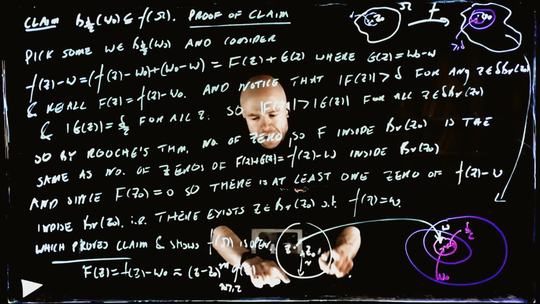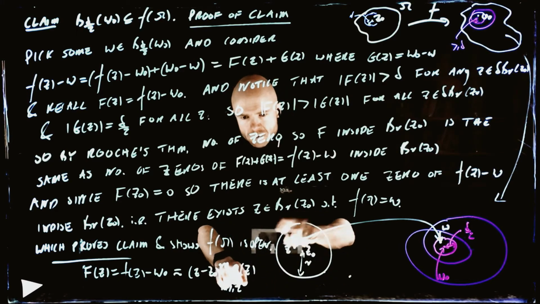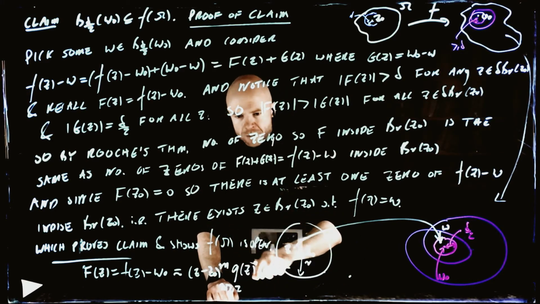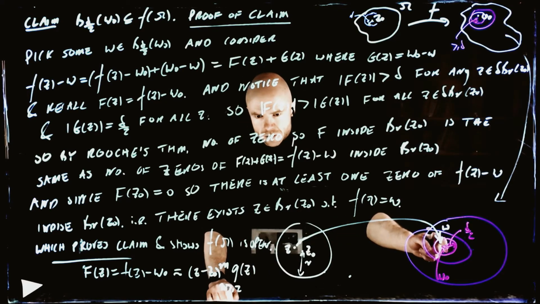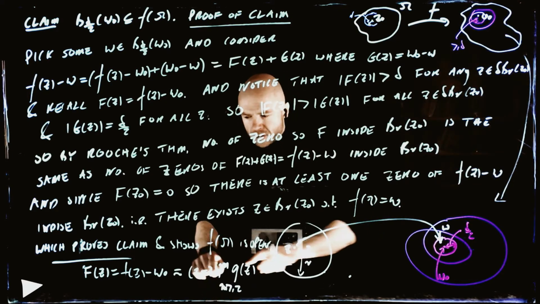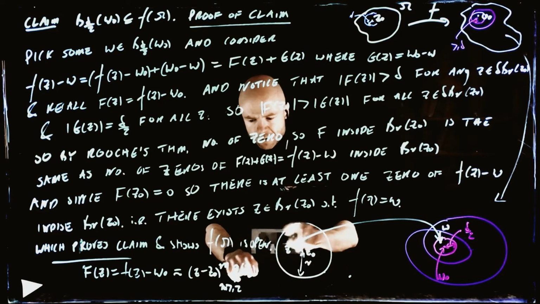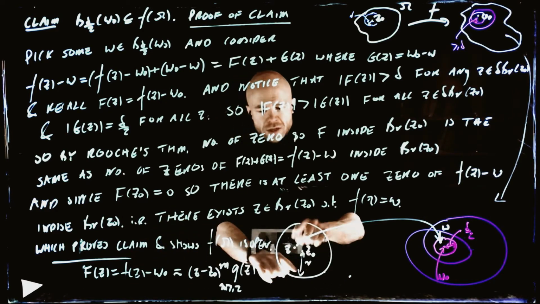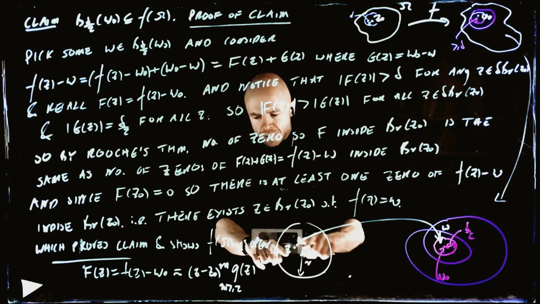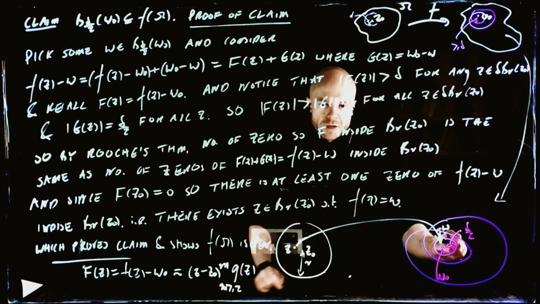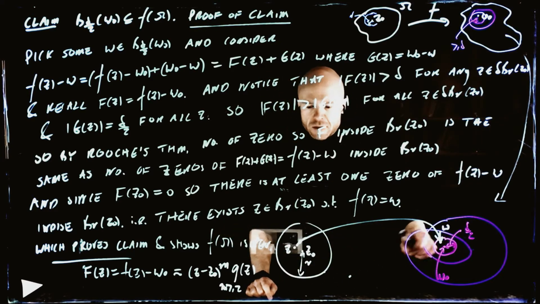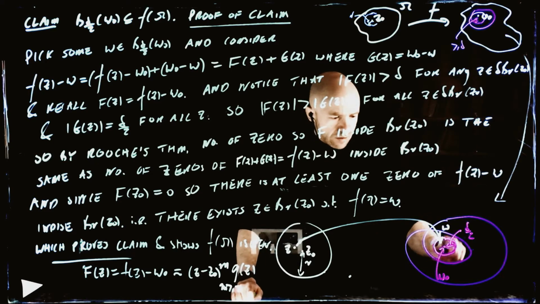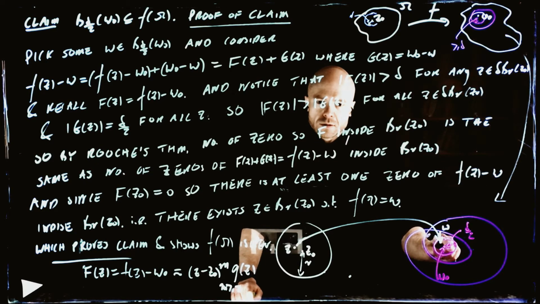So it's taking this ball and wrapping it around m times, and then sticking it back here. Let me say that better. This thing by itself is just taking this ball and wrapping it around m times, but the actual function f is taking this ball, wrapping it around itself m times, and then sticking it over here. So I'd still expect that the image would contain a small ball over here.